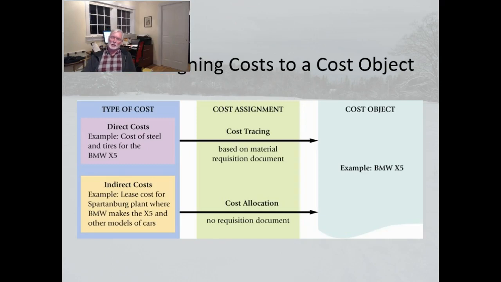So we're going to take an example here. The cost of the steel or the cost of the tires in this car are direct costs. So we can track them directly to the vehicle. Every car has 4 tires, and I'm going to assume that the BMW X5 has a full-size spare.